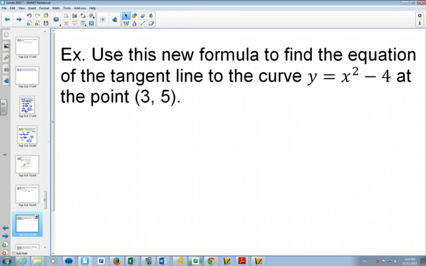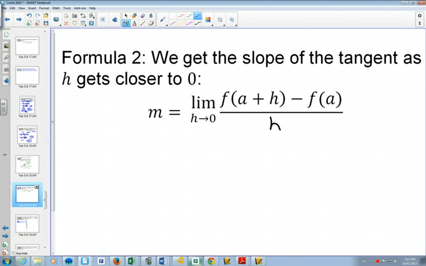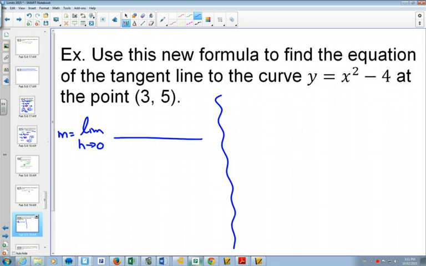So we'll split our page in half here. Let's use the new formula here for slope. It's the limit as h goes to 0. According to the formula, you need to do f of a plus h. Our a value is right here, because this is the point.